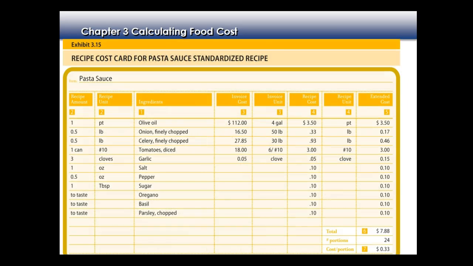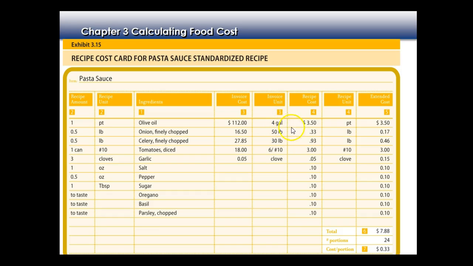So here we are. Now that we know what our standardized recipe is, it's going to be easier to cost it. So here's step 1. You're just going to copy over all the items that are needed. Step 2 is the amount and the units of them. Step 3 goes off your invoice cost, so how much it cost and what you're buying it at.